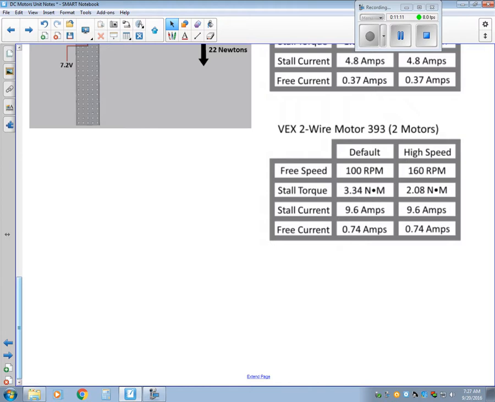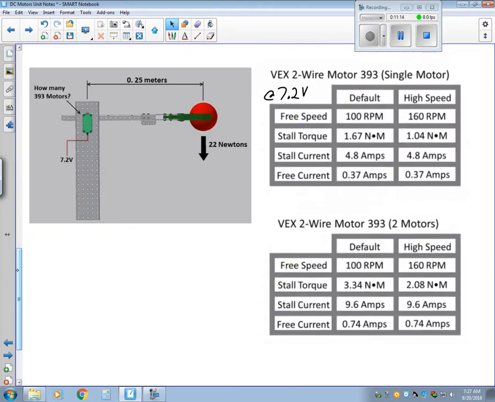So let's take a look at this problem right here. It's the same setup as before. We've got an R value, or a lever arm distance, of 0.25 meters. This time, my perpendicular force I know is 22 newtons. So what I want to calculate is, how many 393 motors do I need to accomplish this task?